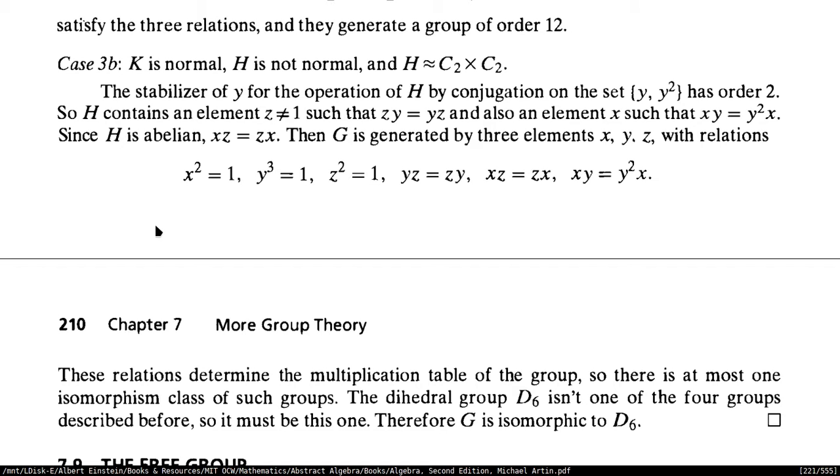Exactly. The stabilizer of Y is all the elements Z in G such that conjugating by Z gives you Y back. We're taking the stabilizer of Y.